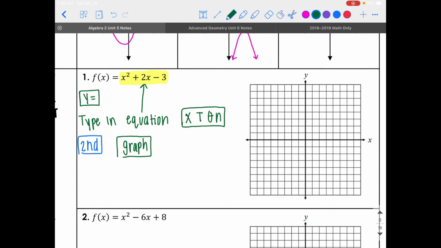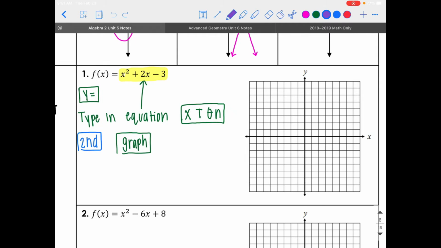For example, if you scroll to where x is -4, the y value is 5. So I can graph the point -4, 5. The next point is -3, 0.